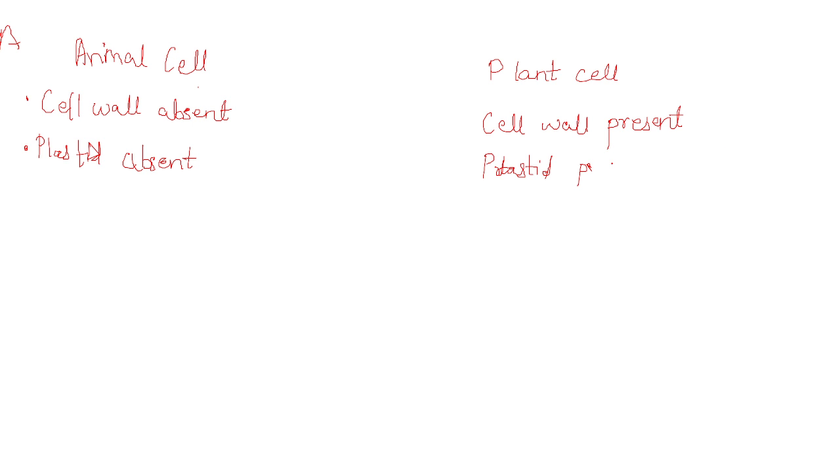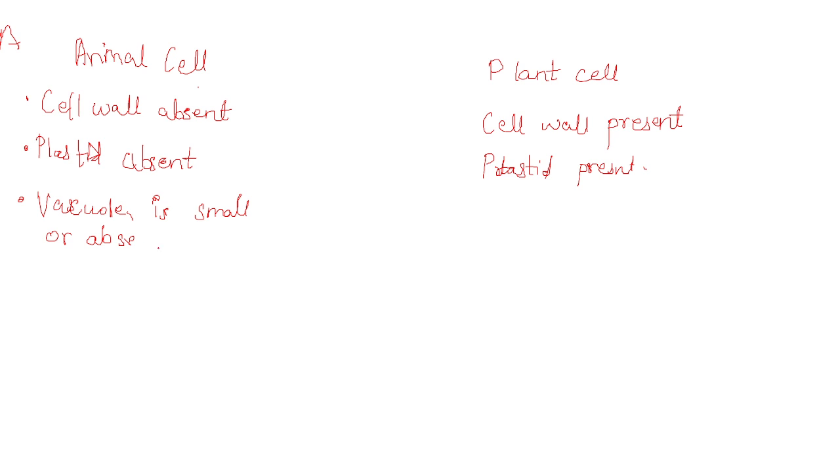Next comes the vacuole. Is the vacuole present in the animal cell? Yes, it is present, but it is very small or sometimes absent. Most of the time it is absent, but if present, it is very small. So in animal cell the vacuole is small or absent.